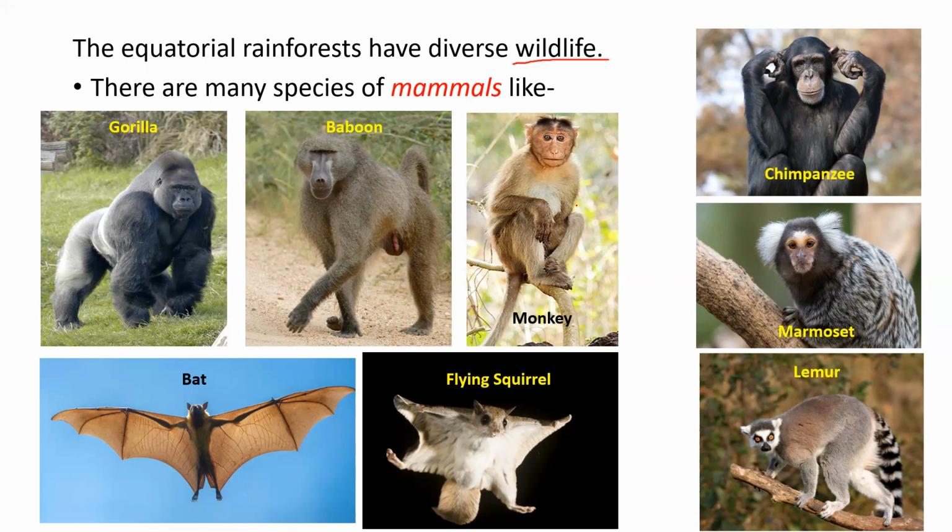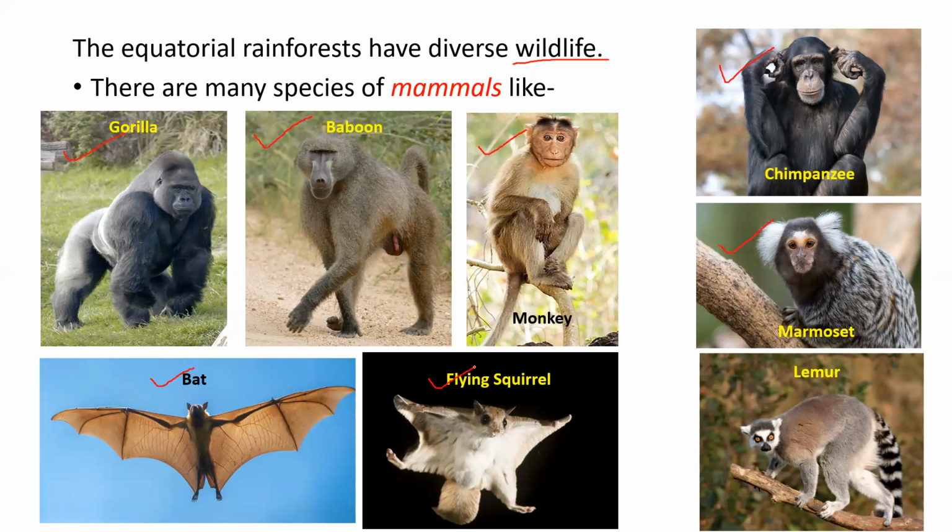From here, I think you will understand the difference between all these species of monkey. Then marmoset. This is also one breed of monkey itself. Then we have bat and flying squirrel.